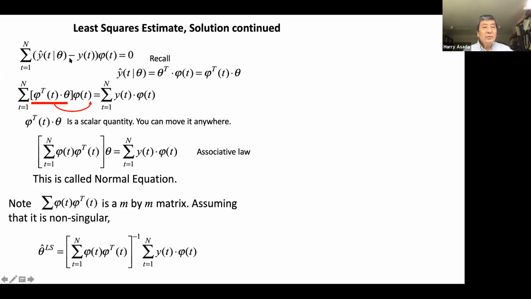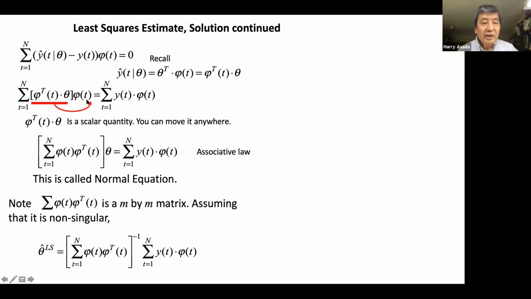Okay, so I just wrote the same equation here from the previous slide. Please recall that this y is this inner product. I now break this up, distributing this phi(t). We get two expressions, y(t) phi(t), and on this side, phi transpose theta, and then phi(t).